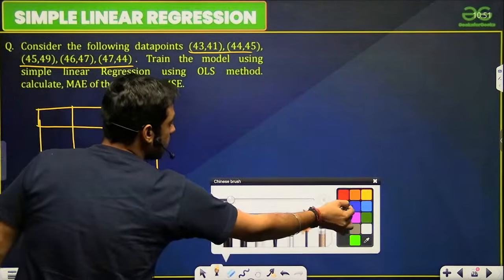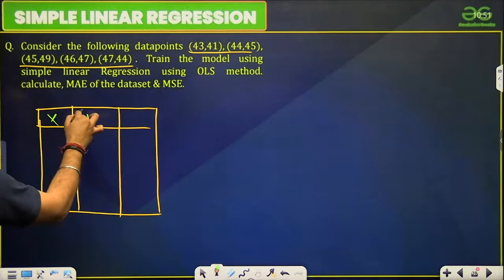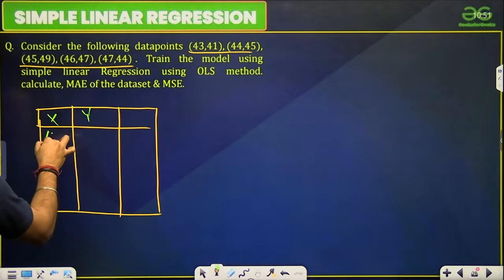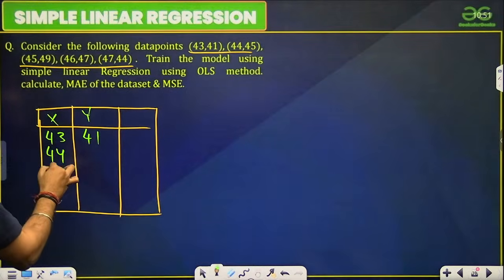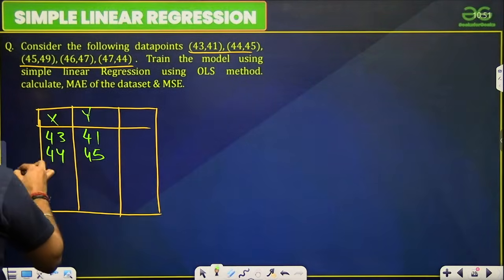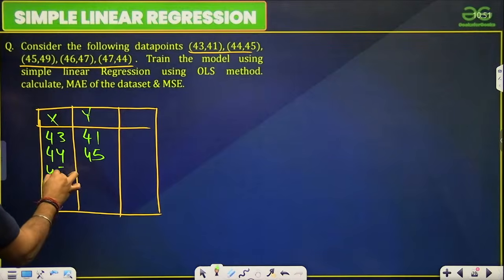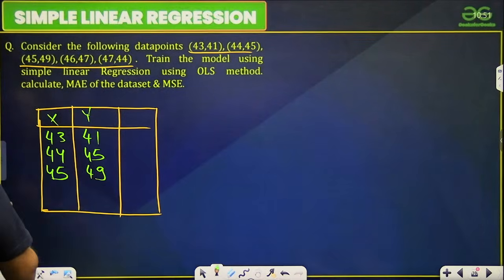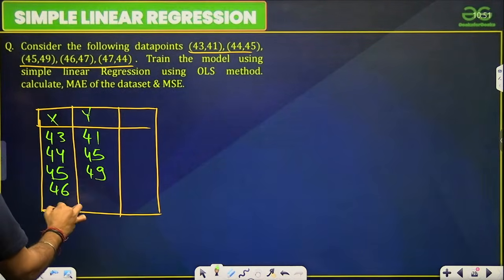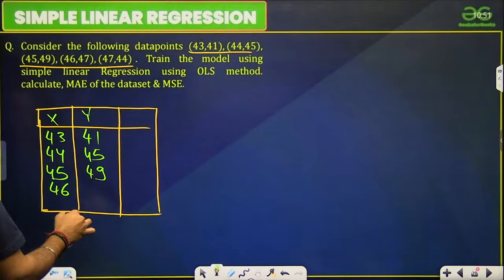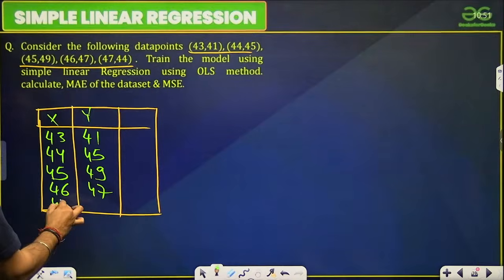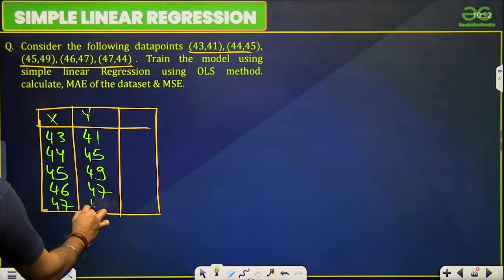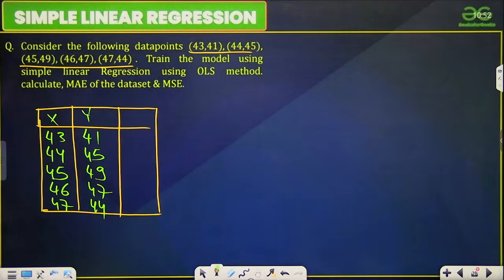For example, x is 43, y is 41, x is 44, y is 45, x is 45, y is 49, x is 46, y is 47, and when x is 47, y is 44. So this is what these points signify.